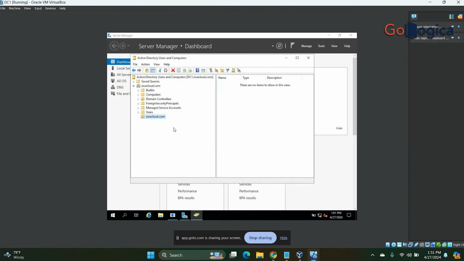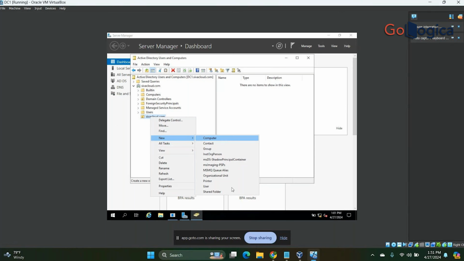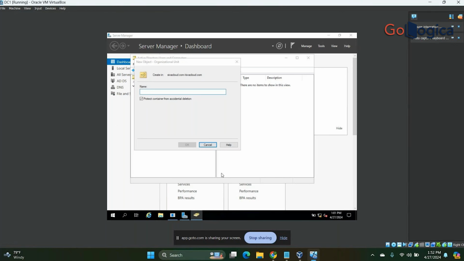Okay. So now right click again over it. Is it the one or the first one? Yes, this is the one. Now go to New again and click on OU. OU means organizational unit. Now in shivacloud.com, what all pillars do you want in your organization?